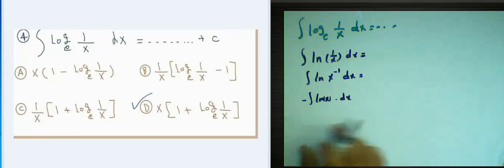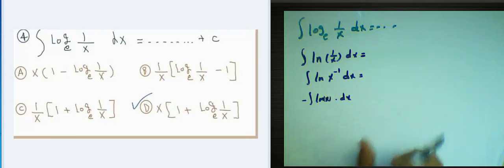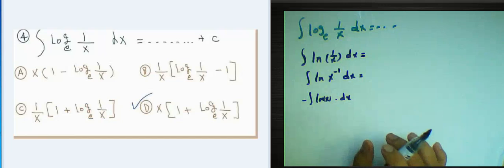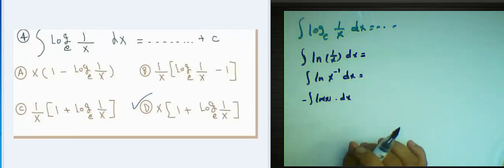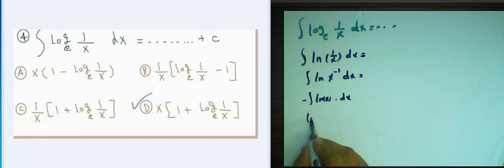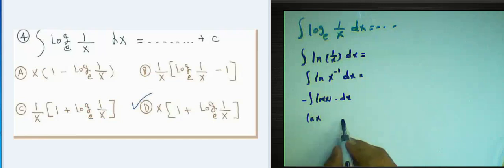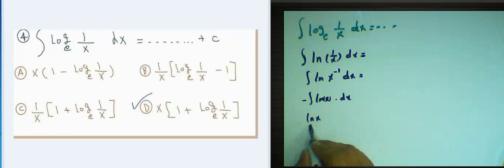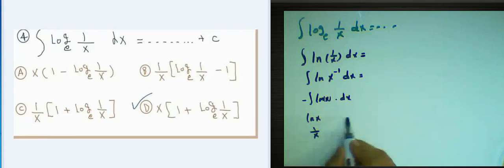Choose the function to differentiate and the function to integrate. We can choose here ln of x, and the integration of the other function. We'll choose the derivative of ln of x equal 1 over x, and choose negative 1 here, whose integration will be negative x.